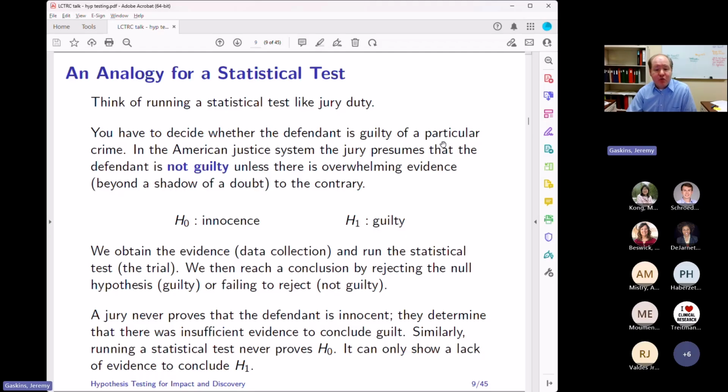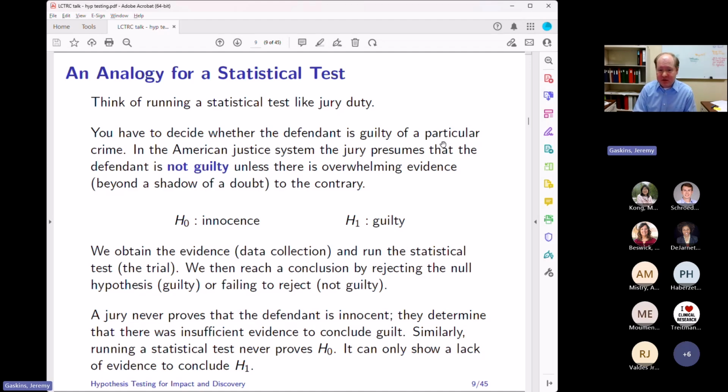Or if there's not overwhelming evidence, what is the jury supposed to do? They're supposed to fail to reject, right? They're supposed to stick with their default belief. And they don't actually claim that the defendant was innocent. What they claim is the defendant was not guilty. Right. And that's the important distinction with a statistical test. If we don't conclude the alternative, we did not prove the null hypothesis, we did not prove that the defendant is innocent.